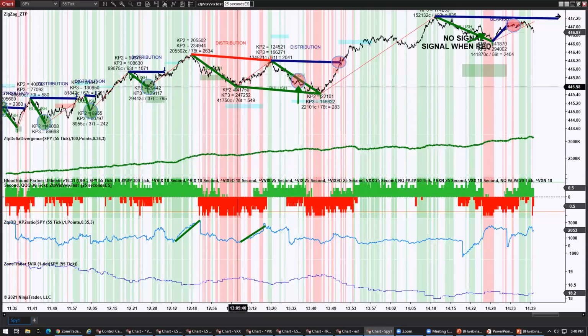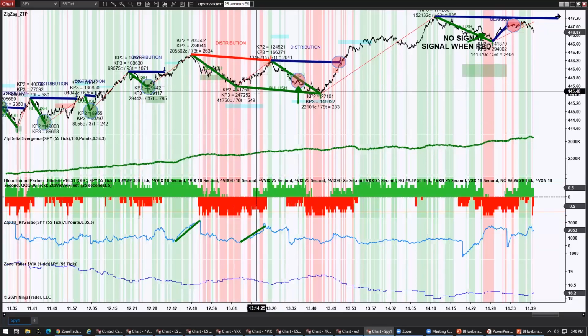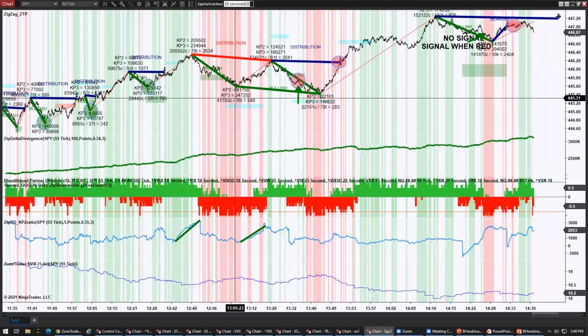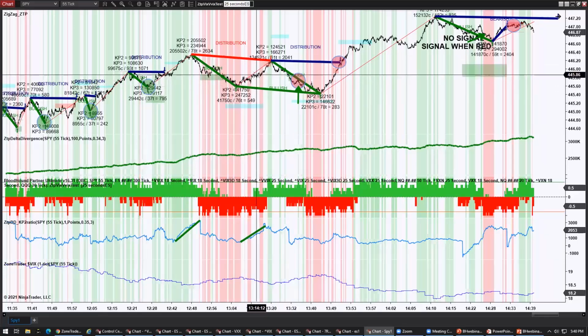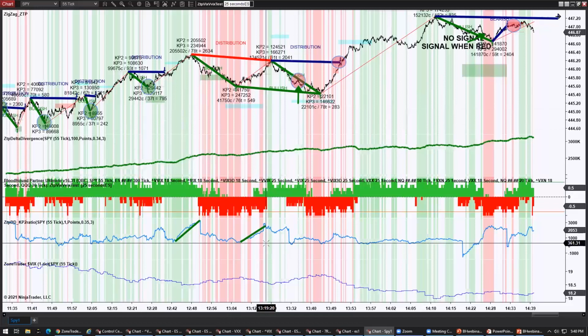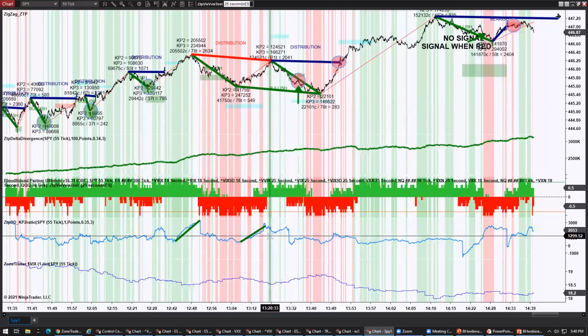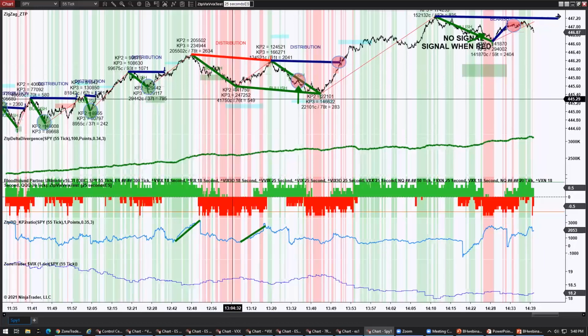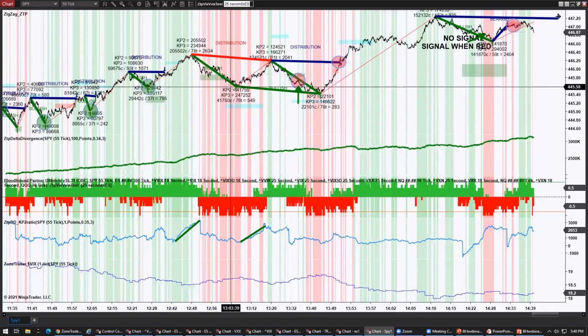When we have that 3.5 point move up, then this is permanent and it's not going to change. But if we only popped up like 2 points and price traded lower down here, the software is going to reevaluate whether or not you still have the divergence. What is more important is this indicator is going to keep telling you whether or not you're getting support in there or not. So that's basically how it works.